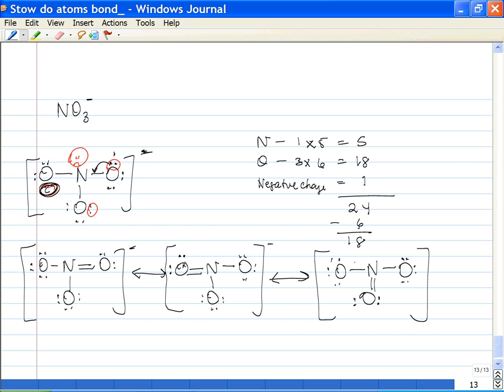So if you are asked to draw a Lewis structure and you can have more than one way to represent a connectivity between 2 atoms that would be equivalent, then you have a situation of resonance.